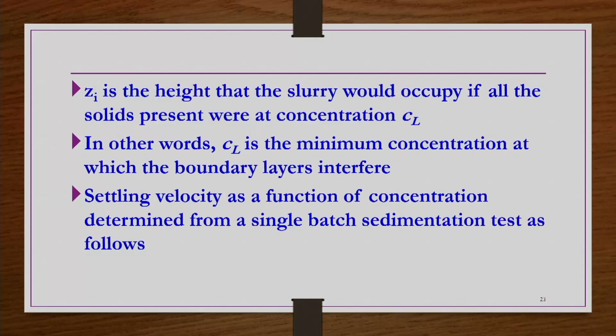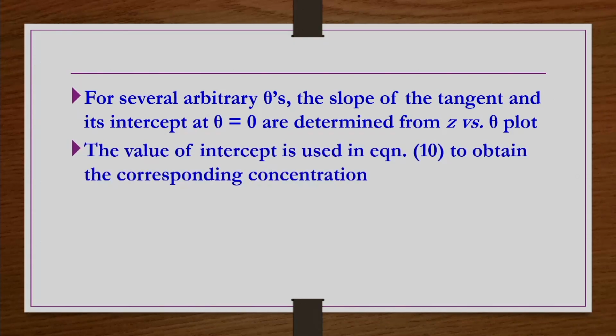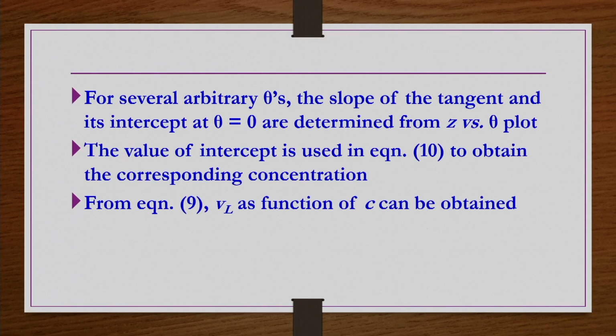Settling velocity as a function of concentration is determined from a single batch sedimentation test as follows. For arbitrary thetas, the slope of the tangent and its intercept at theta equals 0 are determined from the Z versus theta plot. The value of the intercept is used in equation number 10 to obtain the corresponding concentration C L. From equation number 9, V L as a function of C can be obtained.